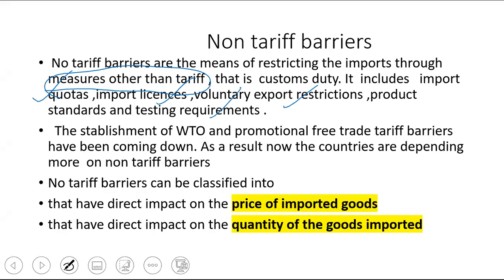Non-tariff barrier में first one is import quota, import license, voluntary export restraints, product standard, and testing requirement. So what all things are coming? Import quota, import license, voluntary export restraints. Three things are basic things.